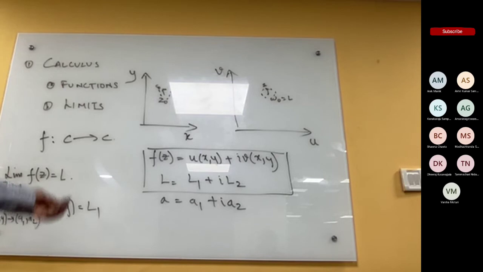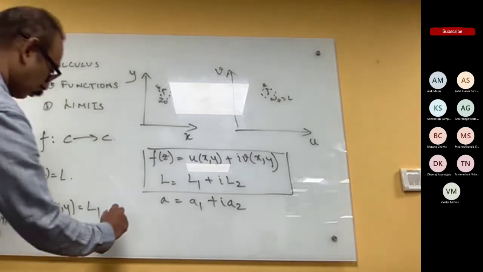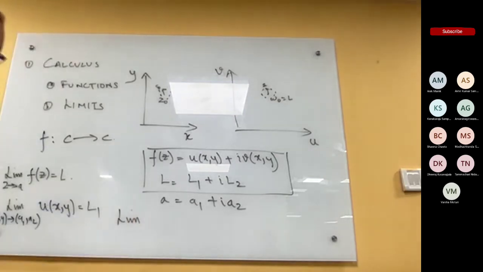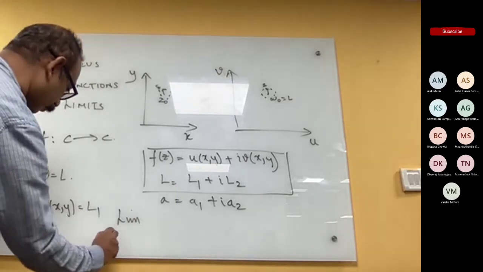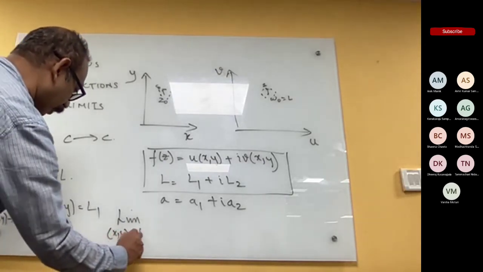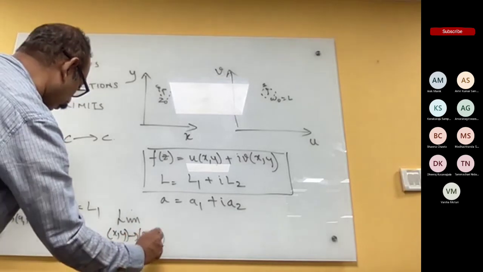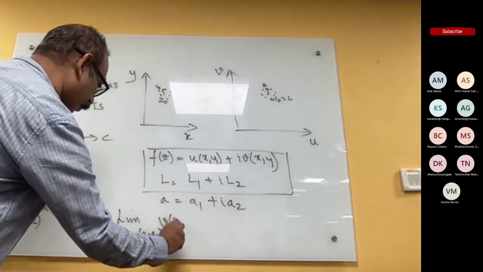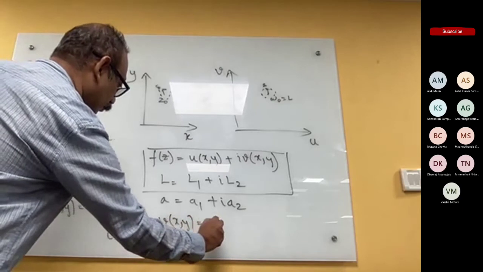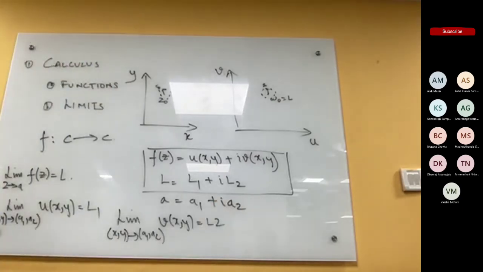Similarly, L2 also: limit of x,y tending to a1, a2 of v of x comma y equals L2. Equivalent statements, right? Till now I have done nothing. I have just told you what this is and what this is. So till now clear again?